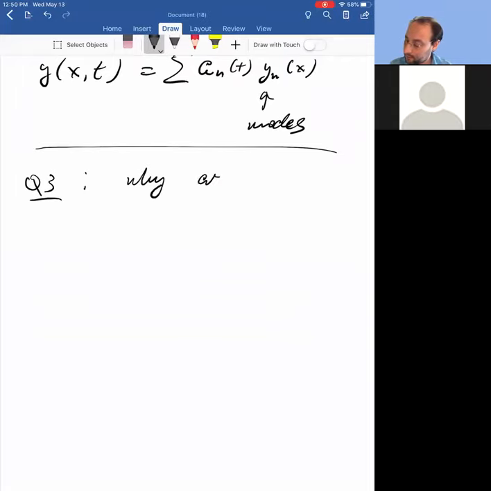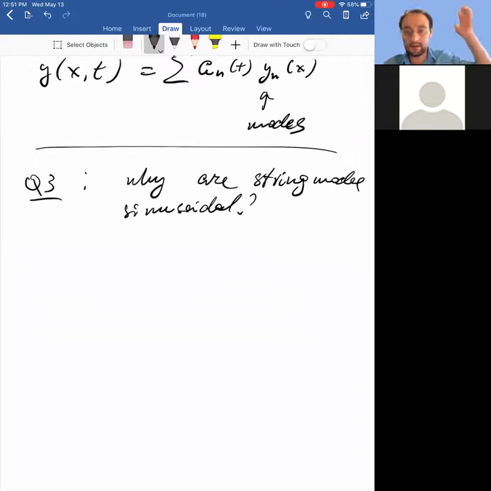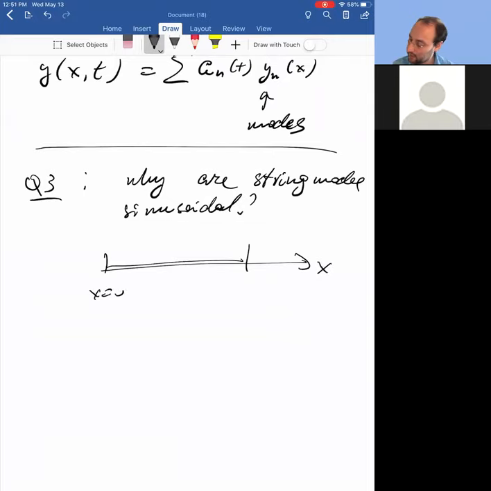Why are string modes sinusoidal? It was sort of given to you that they're sinusoidal, right? So if this is x equals 0, this is x equals L, right?